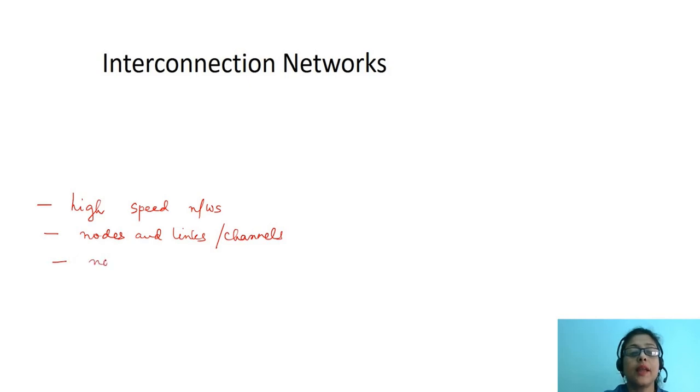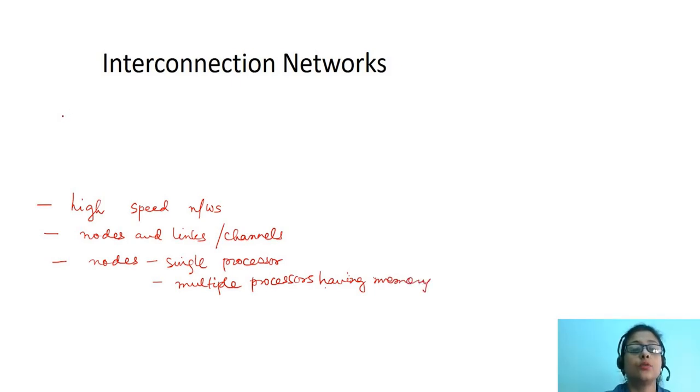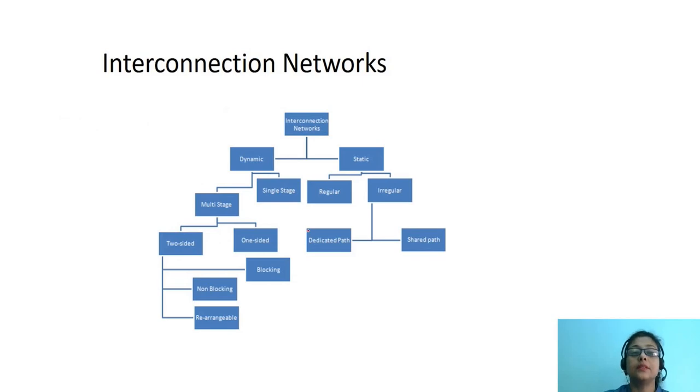These nodes can have a single processor or multiple processors having memory. Interconnection networks are also called multi-stage networks or MINs. Let us look at this block diagram representation of interconnection network.